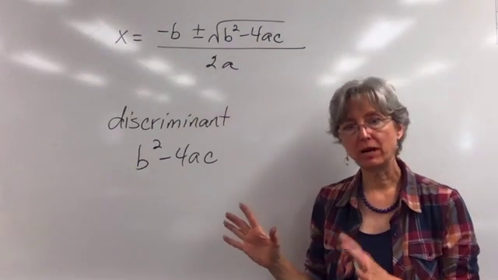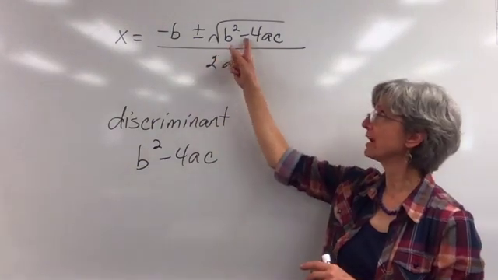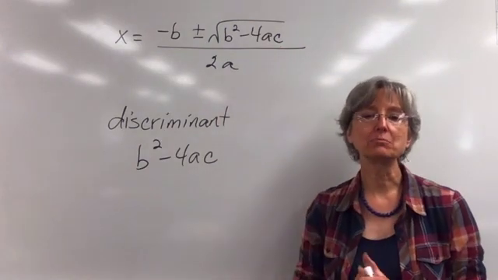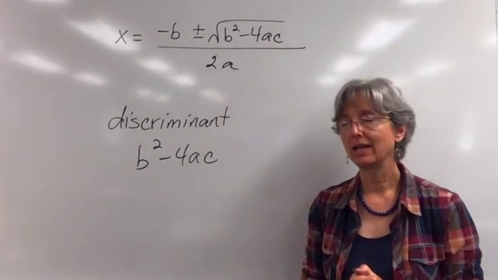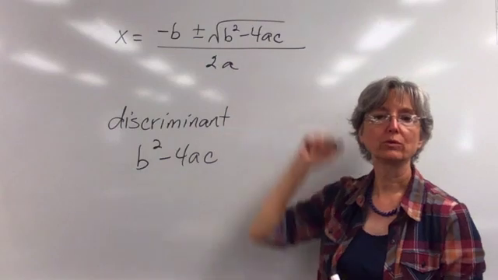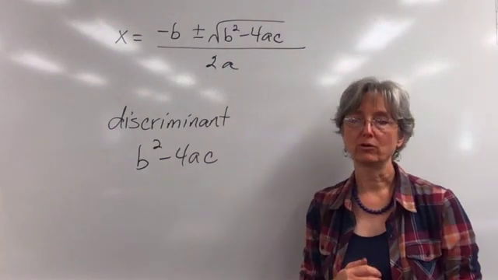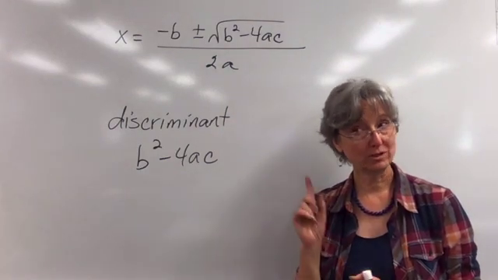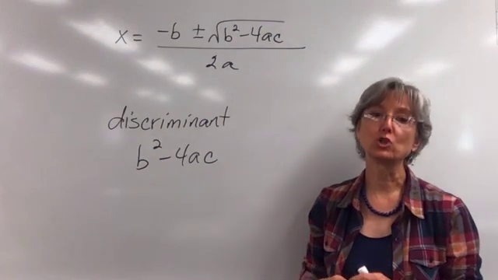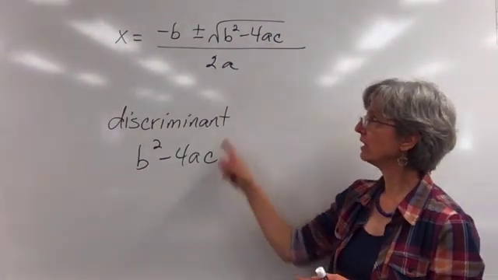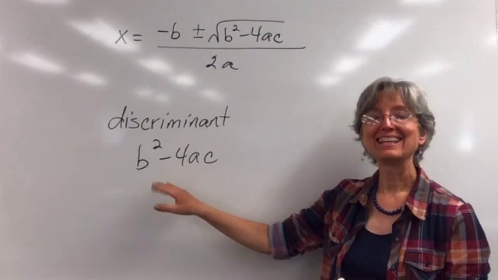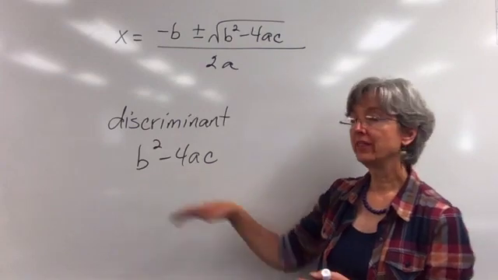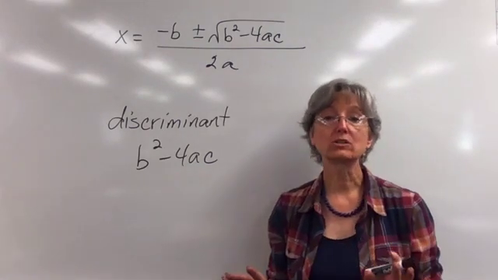So think about that. If I go b squared minus 4ac and I end up with a negative number, can I have a square root of a negative number? And your answer is, at this point, with what you know right now, the answer is no. So therefore, if this discriminant is negative, then there are no real solutions.